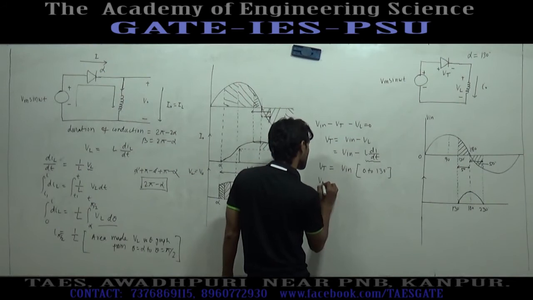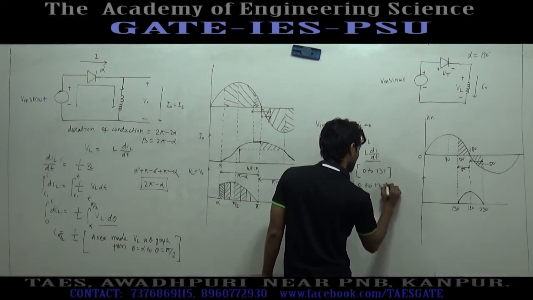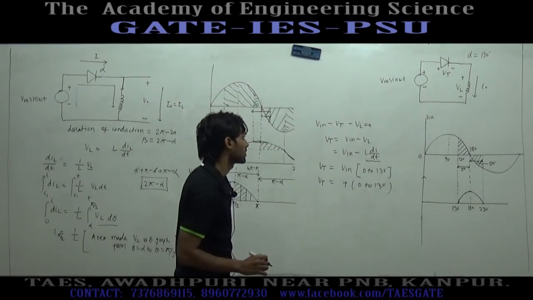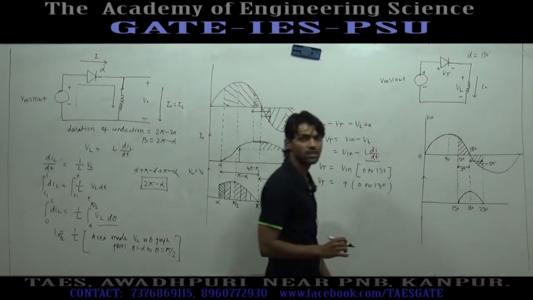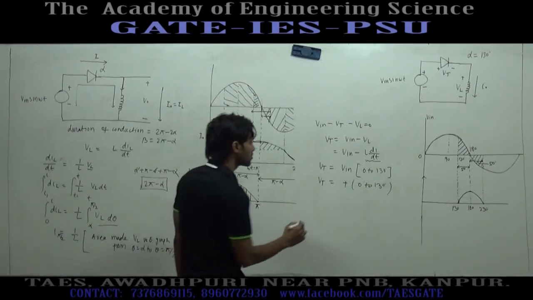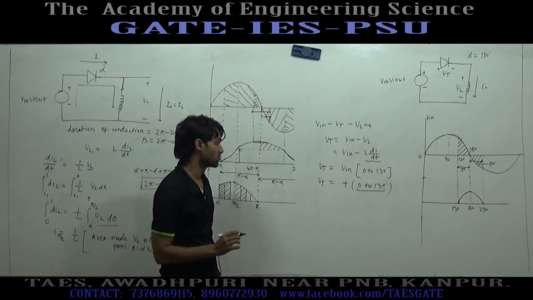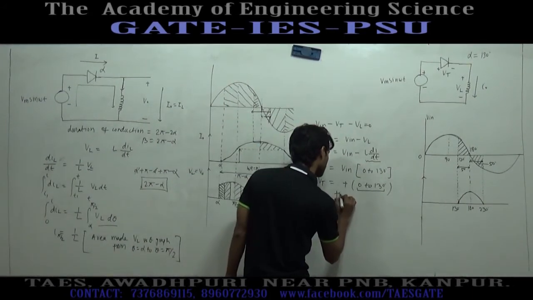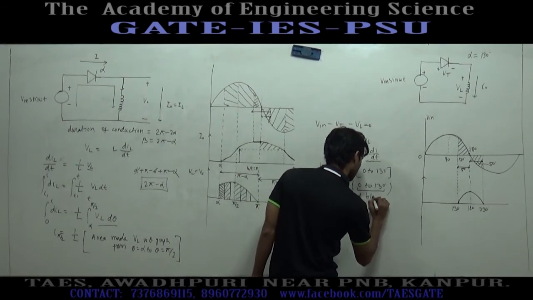So, the thyristor voltage is positive from 0 to 130 degree, but the thyristor is not conducting because it is not given a triggering pulse. So, from 0 to 130 degree the thyristor will be in forward blocking mode. This is the duration for forward blocking mode.